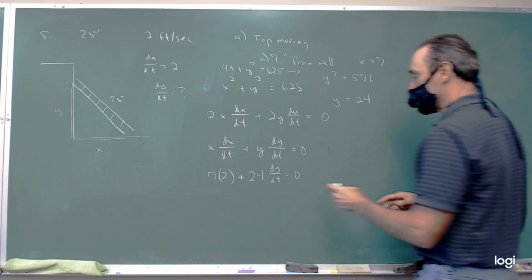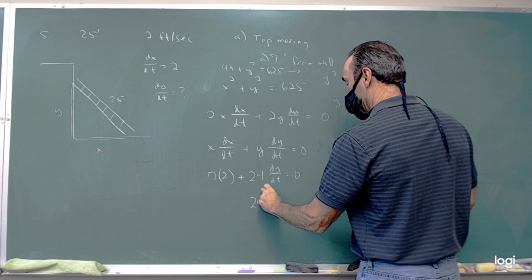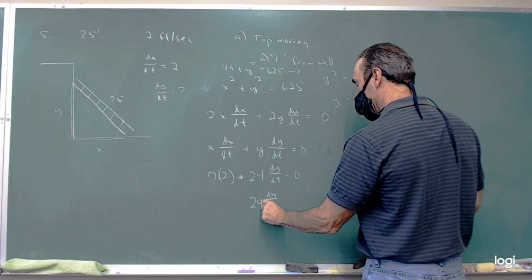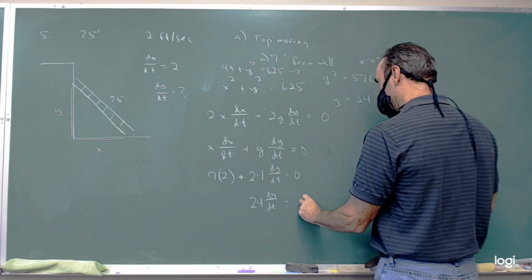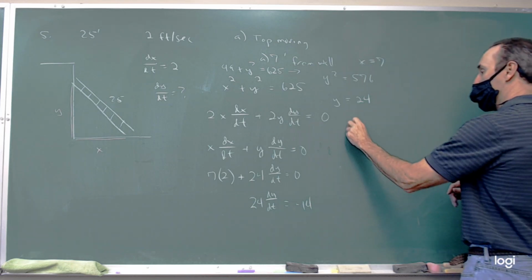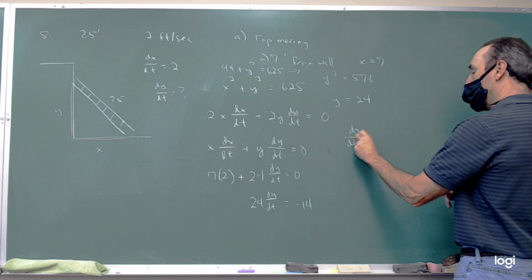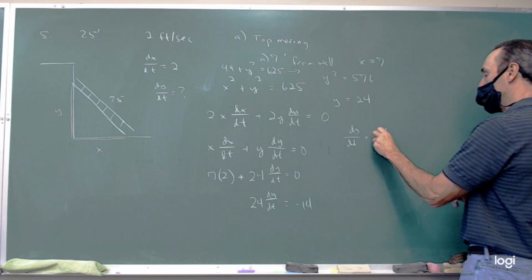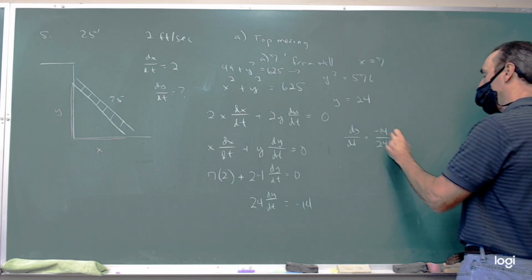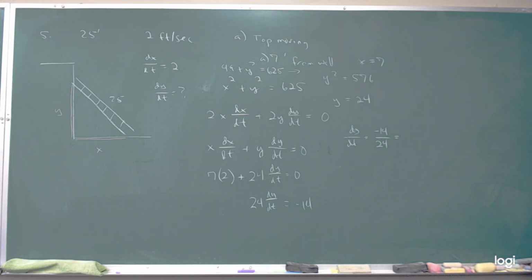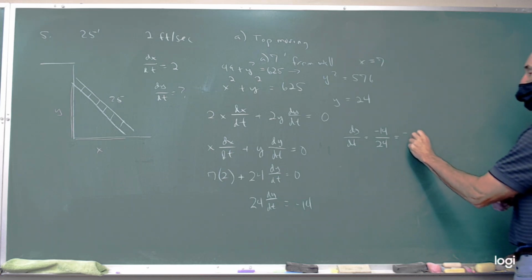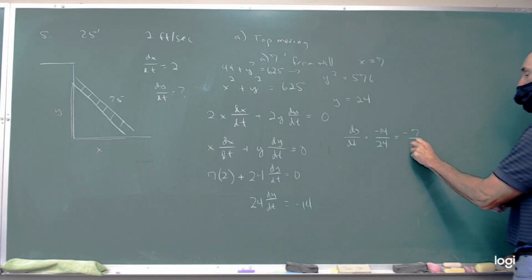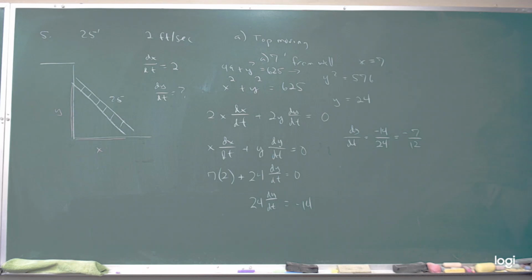We're trying to solve for the dy/dt, so we can subtract that 14 to the other side. And our dy/dt is going to be negative 14 over 24, which we can reduce to negative 7/12 feet per second.